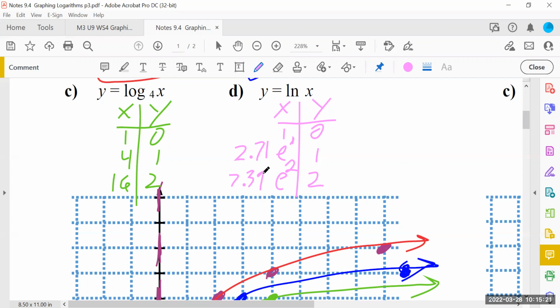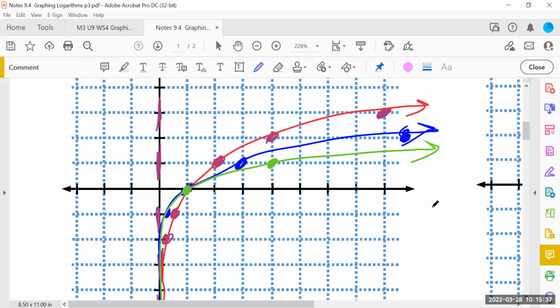So then when I graph these, this one is going to be in between my graphs of log base 2 and log base 3, because the base is between 2 and 3. So when I graph this, I'm still starting at 1, 0, but now I'm going to have 2.71, so kind of here between my red and blue graphs, and I'm going to have 7.3, 1, 2, 3, 4, 5, 6, 7, really like 7.4.